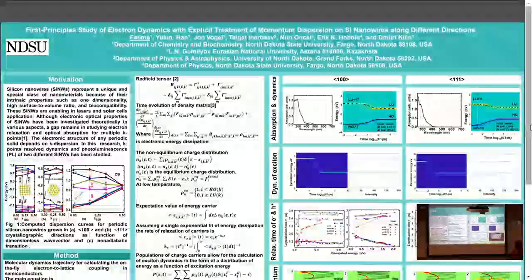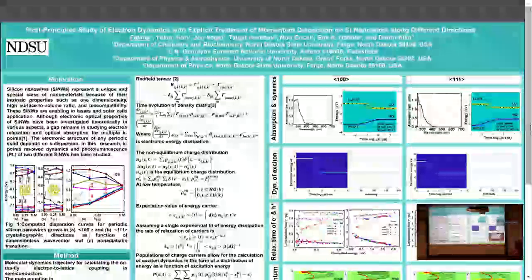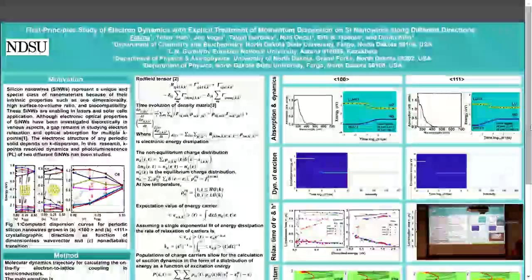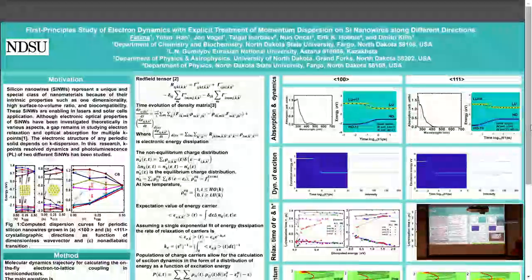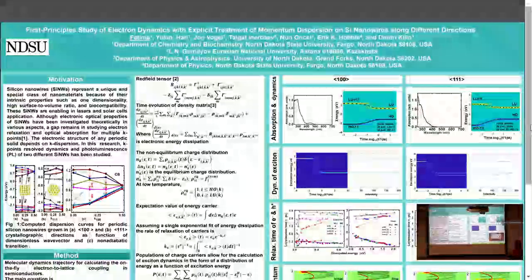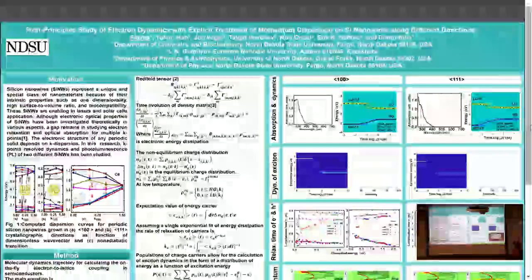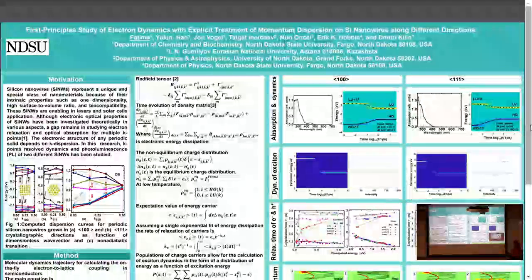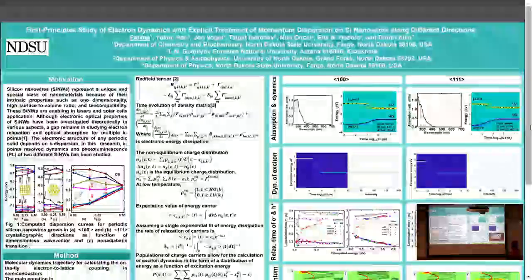These are the absorption spectra here. Here I consider different states. It's not the same initial states for the electron and hole.